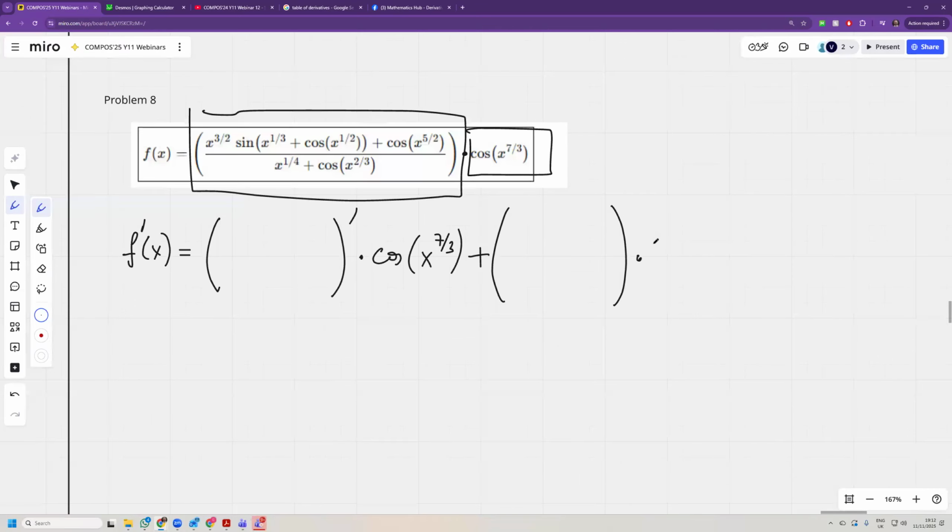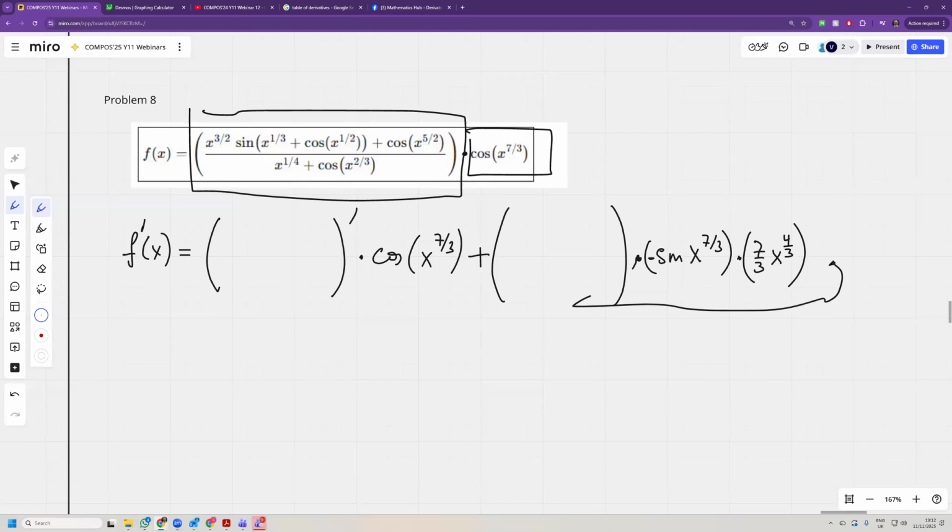And the derivative of that is minus sine x to the power 7 thirds multiplied by 7 thirds x to the power 4 thirds.